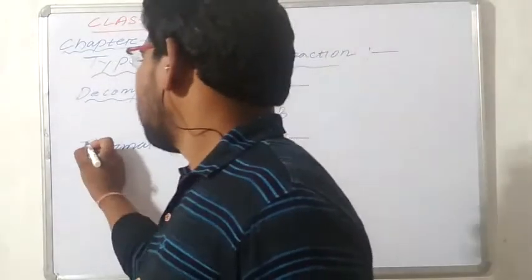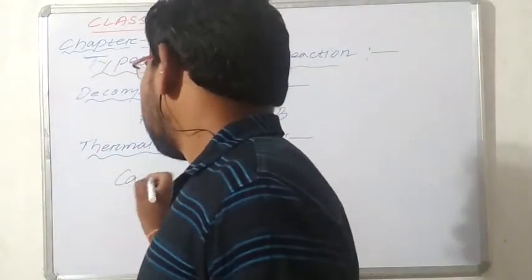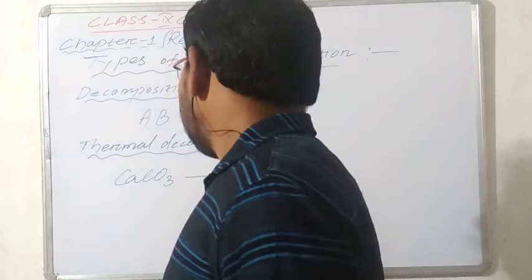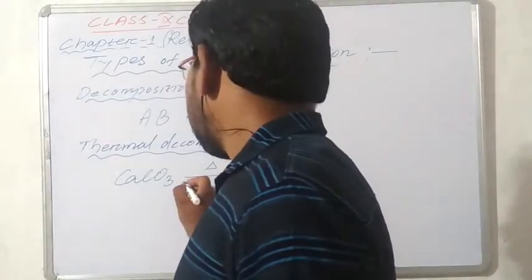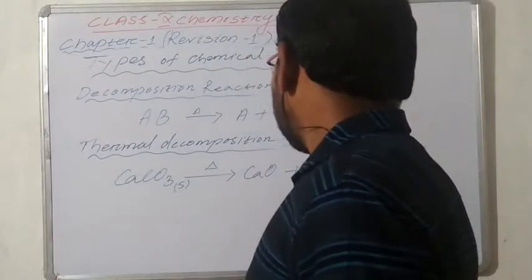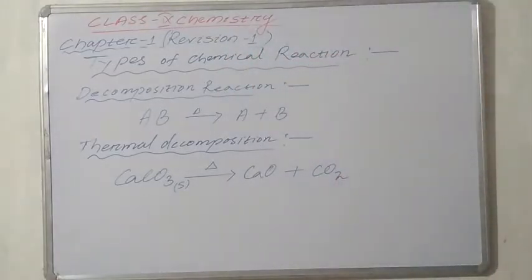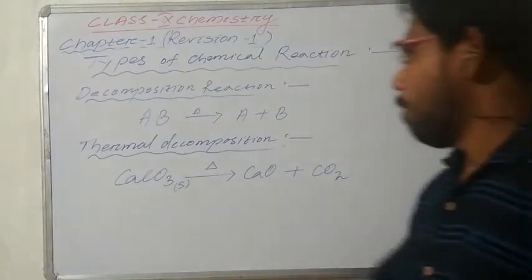An example of thermal decomposition is CaCO3. CaCO3 is a solid substance. When heated, it changes into CaO plus CO2. CaCO3 is calcium carbonate or limestone.